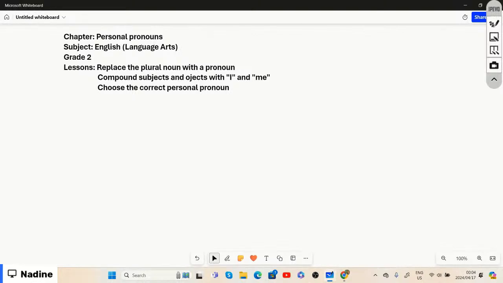The lessons we are focusing on under personal pronouns: we're going to replace the plural noun with a pronoun, then compound subjects and objects with I and me, and then we're going to choose the correct personal pronoun.